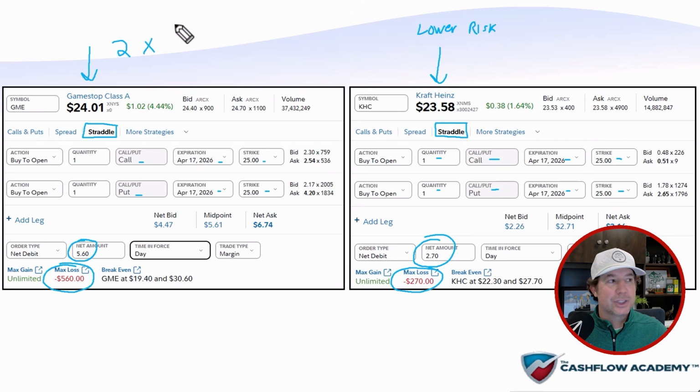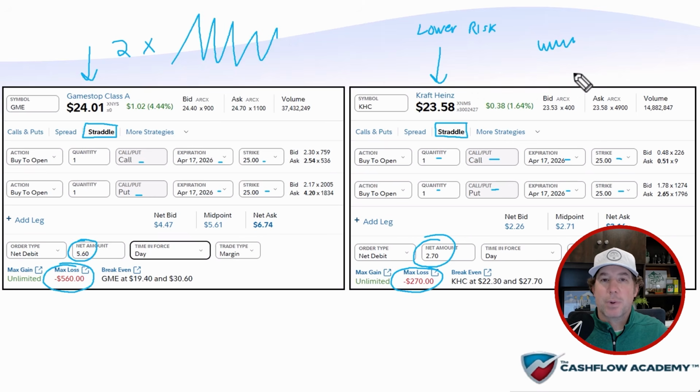Why? It's just statistics. The reason this straddle costs more is because GameStop is expected, it's anticipated to be more volatile. The options market looks at the track record of these stocks, and that's a lot of what gets priced into the options. They say, hey, GameStop moves a lot and Kraft Heinz moves a little.